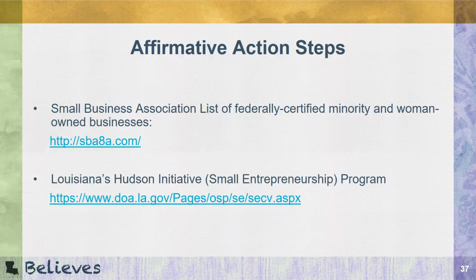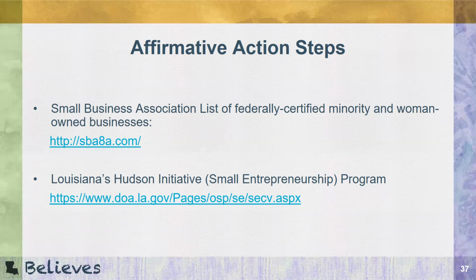So while the affirmative action statement and the steps have to be included in the solicitation, the SFA must also indicate in their procurement plan how it will be accomplished. Here are 2 links that you can use to research and find qualified small and minority businesses and women's businesses. And that's the SBA list and the Hudson Initiative list.